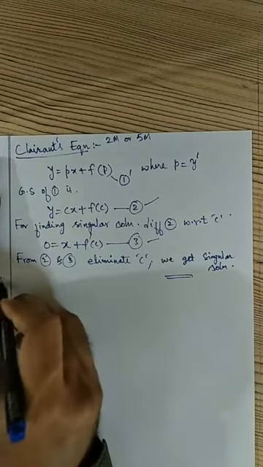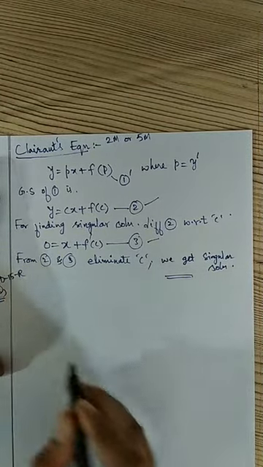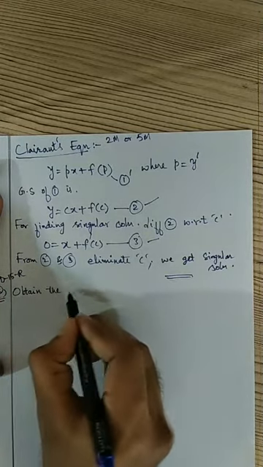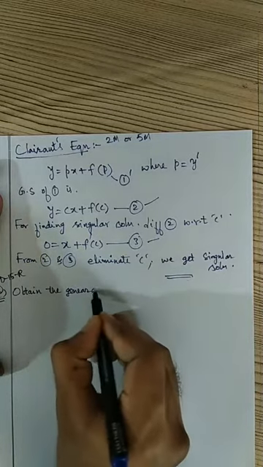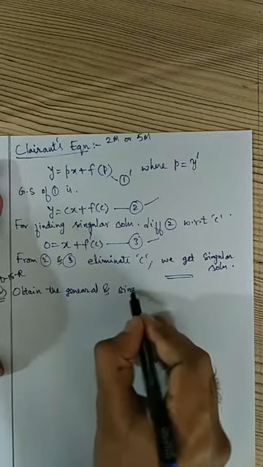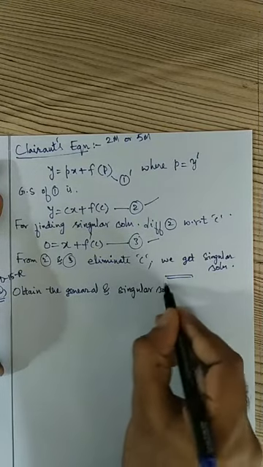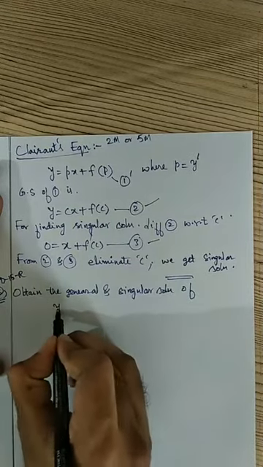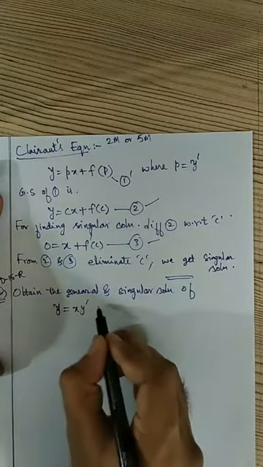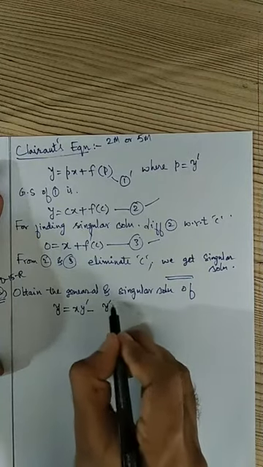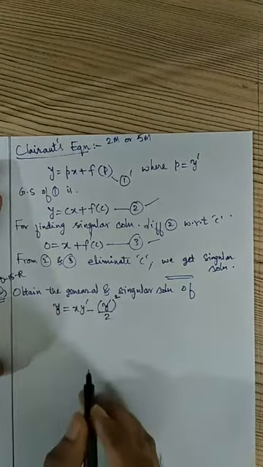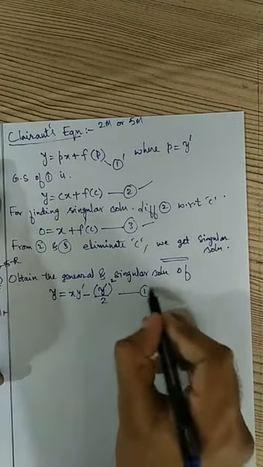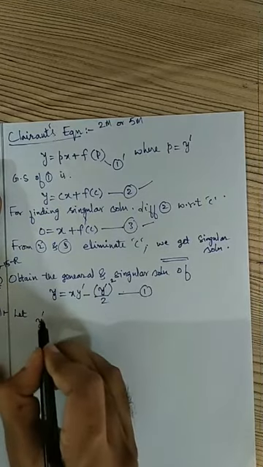This problem was asked in December 15 regular exam. So obtain the general and singular solution of the equation y equals to x y dash minus y dash square by 2. This is the given equation. Solution. So I am taking y dash equals to p.